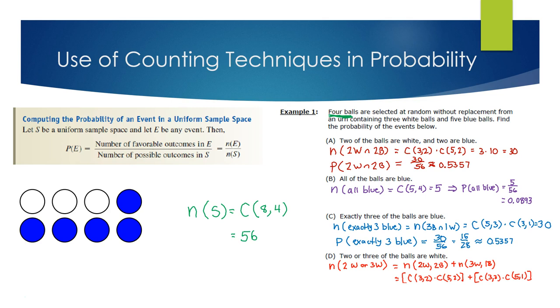To come up with the number of outcomes that would have 3 white and 1 blue, I'd be doing the combination where n is 3 and r is 3, times the combination of n being 5 and r being 1. So basically, there are 35 different outcomes that are going to have either 2 white balls or 3 white balls, or both. And that's going to be, as a probability, 35 out of 56, which is 5/8, which is 0.625.